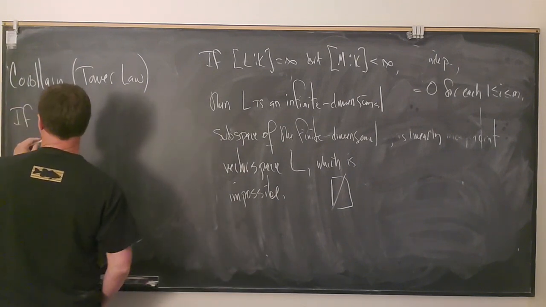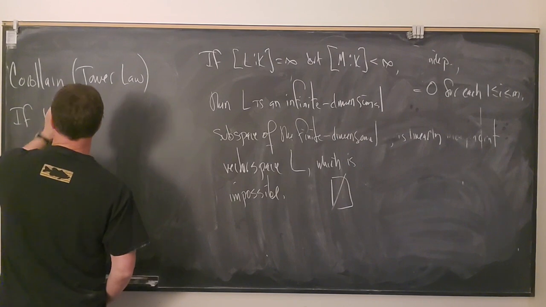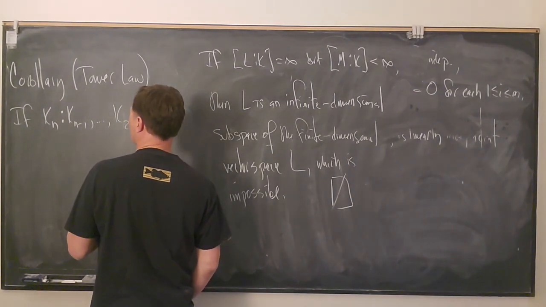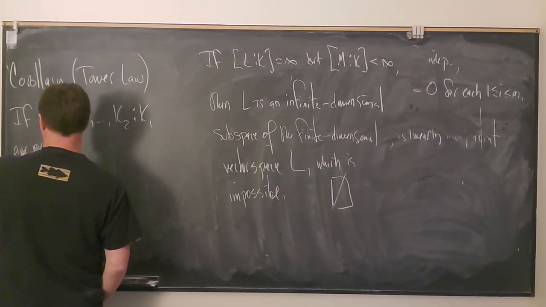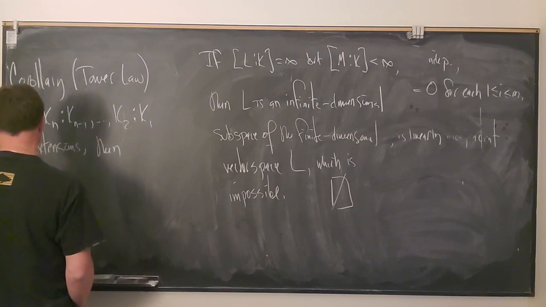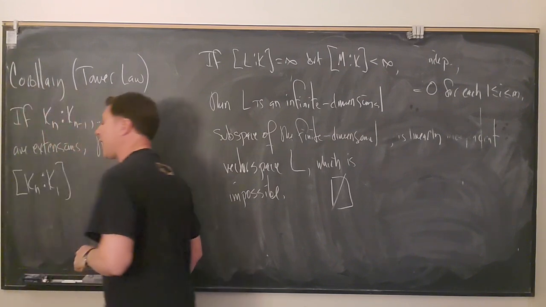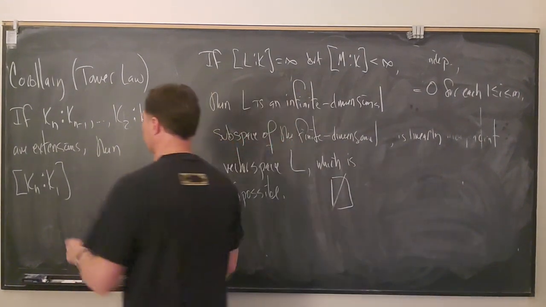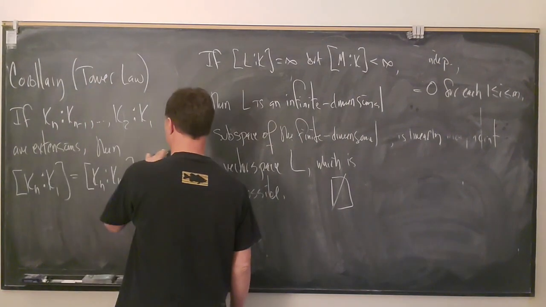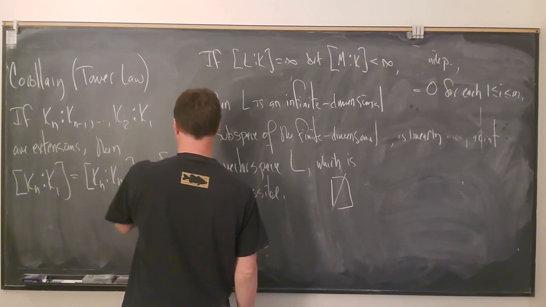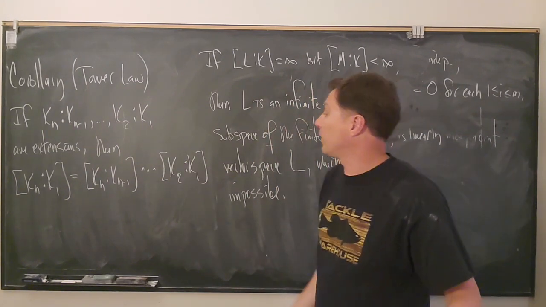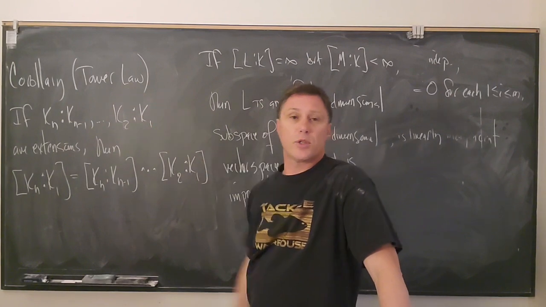If k_n over k_{n-1} up through k_2 over k_1 are extensions, then the degree of k_n over k_1 is going to be the product of these degrees: the degree of k_n over k_{n-1}, dot dot dot, times the degree of k_2 over k_1. It follows directly from induction, where our previous theorem is the base case, and we will also refer to this as the Tower Law.